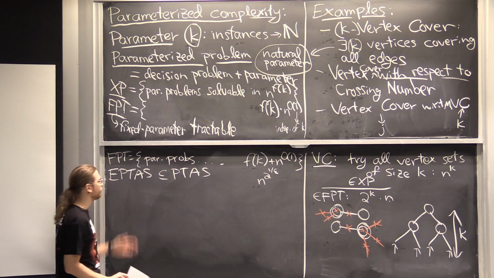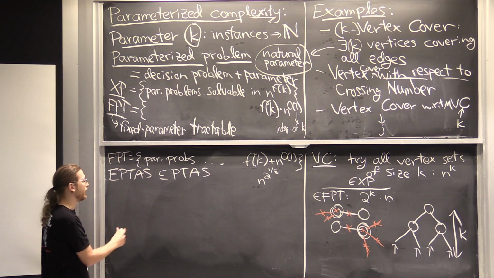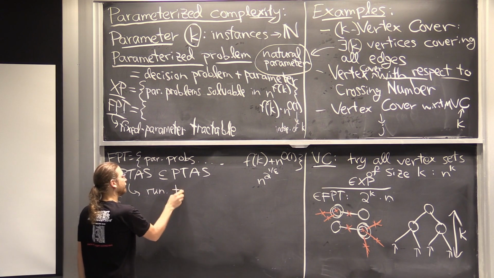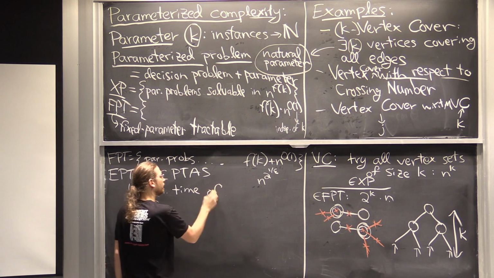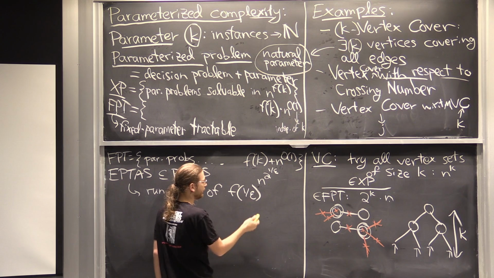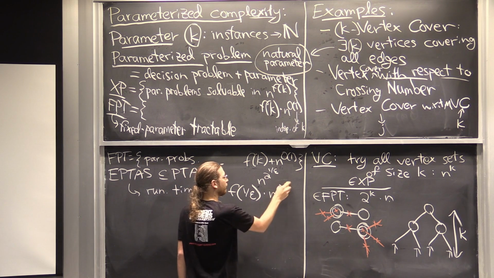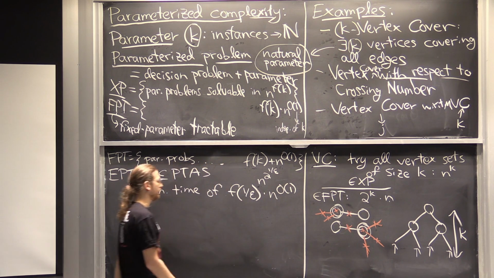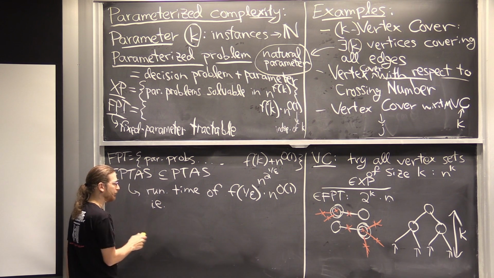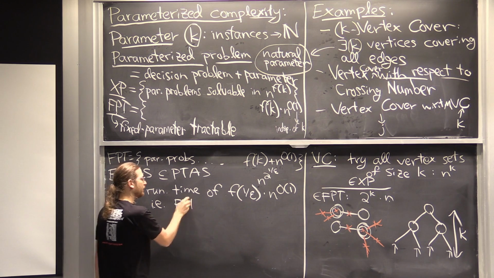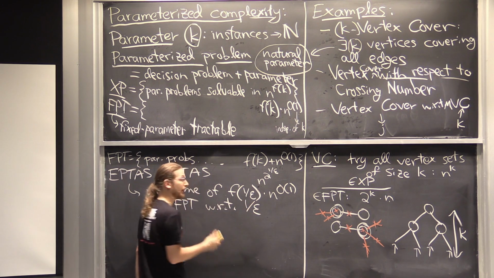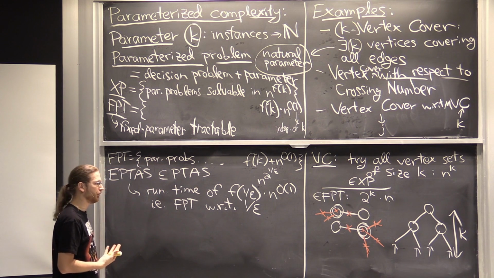Well, the corresponding notion in FPT land is a running time of f of epsilon, or I'll write 1 over epsilon, doesn't matter, times n to the order 1. So this is really saying that the approximation scheme is FPT with respect to 1 over epsilon. This was to get a 1 plus epsilon approximation.